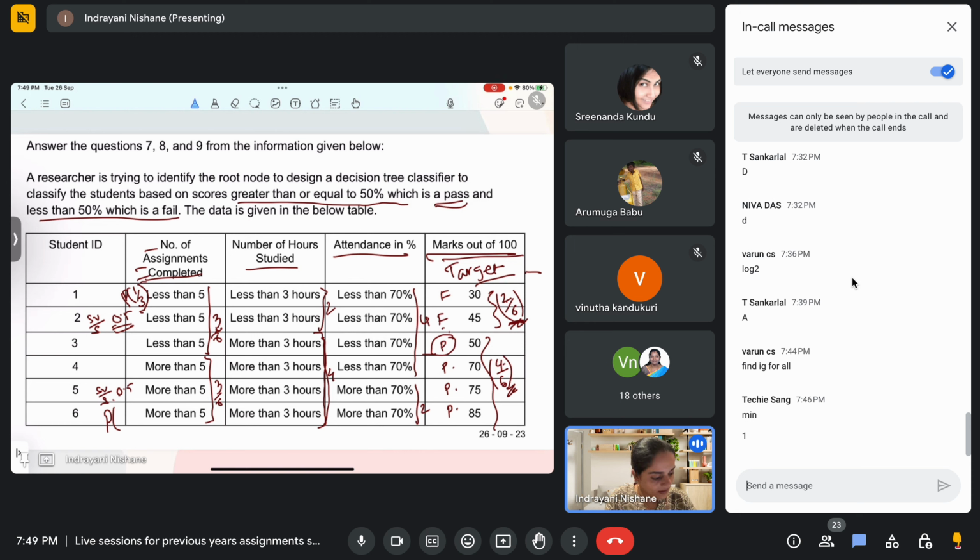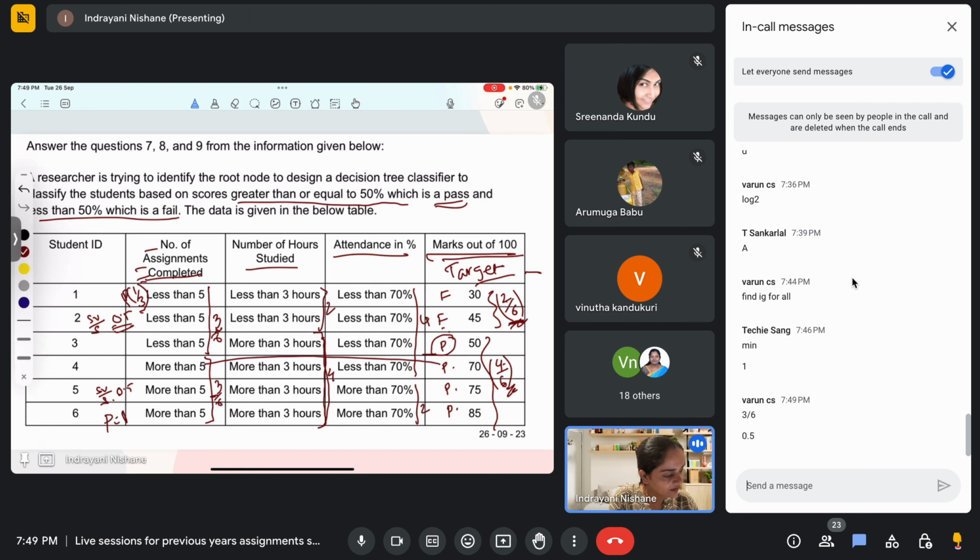What will be the probability of passing for the group with more than 5 assignments completed? There are these 3 students, and all of them are passing.